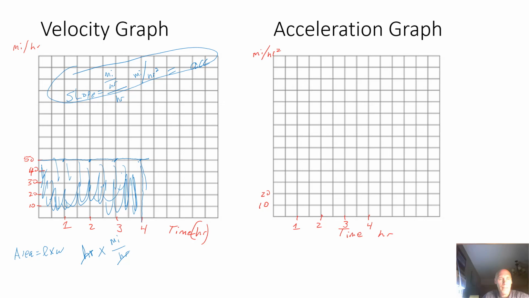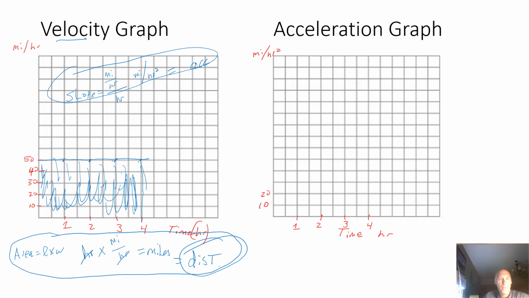Boom, the hours cancel out. You end up with miles. So the area equals the distance covered. Or you could say the displacement. That's the other golden rule here. The area of a velocity graph is your displacement or your distance covered.